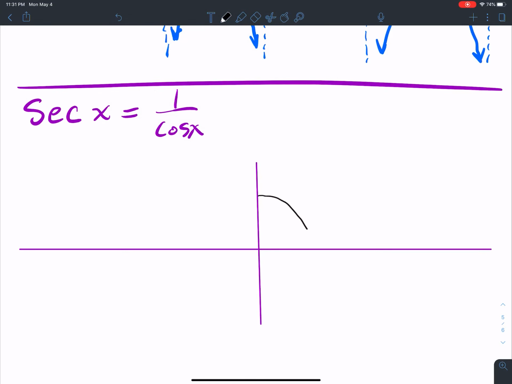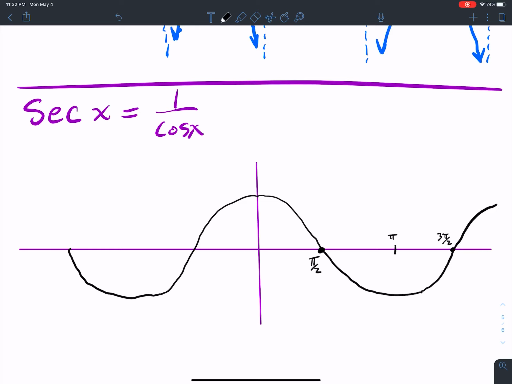So we start, go down, and we'll go back up, go down, and go back up. On the cosine graph, this is pi over 2, this is pi, then we've got 3 pi over 2, and that's 2 pi there.